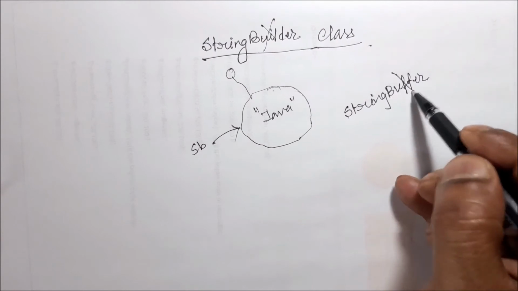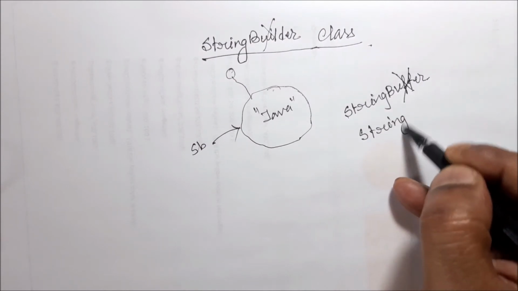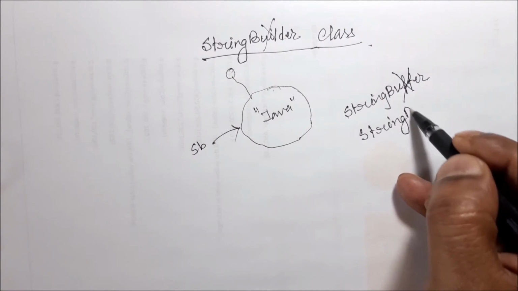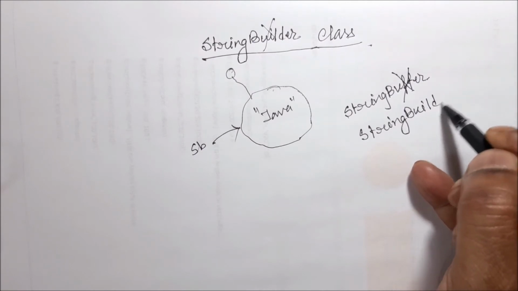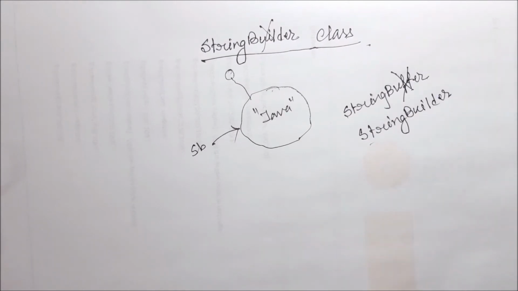If I change this to StringBuilder, and all the methods which are synchronized in StringBuffer I make non-synchronized, then we get all the methods of the StringBuffer class. That means all the methods which are available in the StringBuffer class are also available in the StringBuilder class.